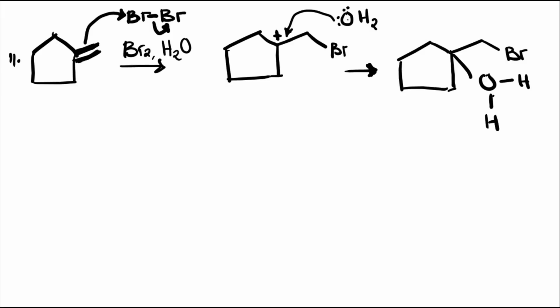Okay, now you know that when oxygen has got 3 bonds attached to it, it becomes positively charged and it's unstable. This bromide that left is still in solution. So the bromide that is negatively charged will get this hydrogen here, and then the electrons from this hydrogen are going to drop on the oxygen.